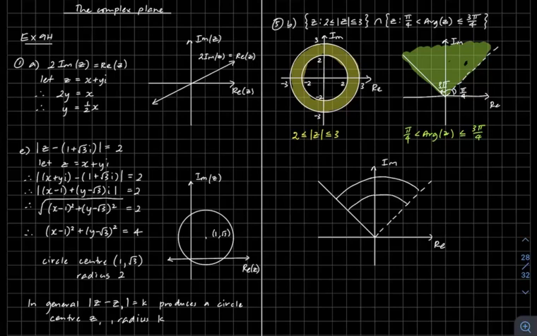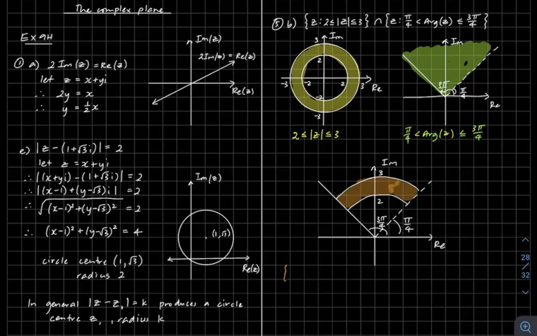Something like that, where, let me pick a different color, that's the common intersection between them. And let's put some numbers on here. So that's 2 and that's 3. That's pi on 4, and that one's 3 pi on 4. And that one there in orange is in fact the one that we're after.